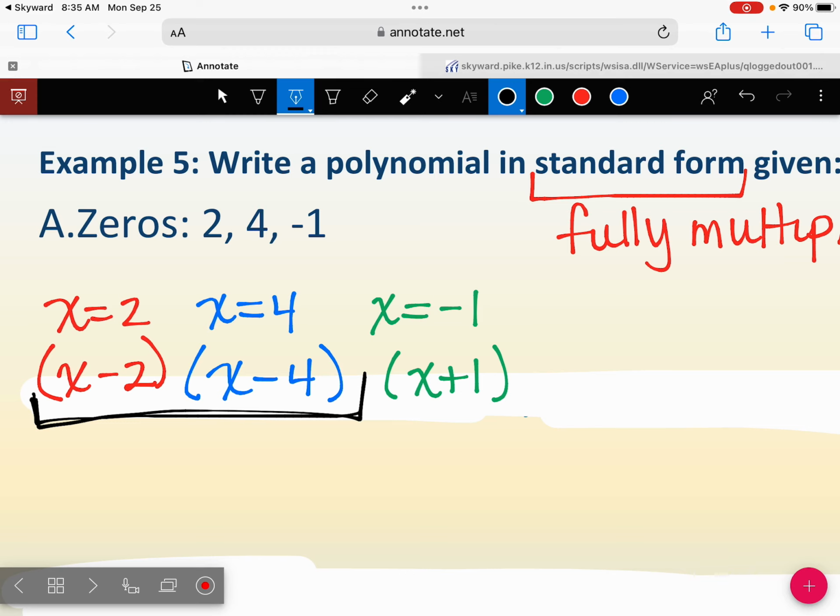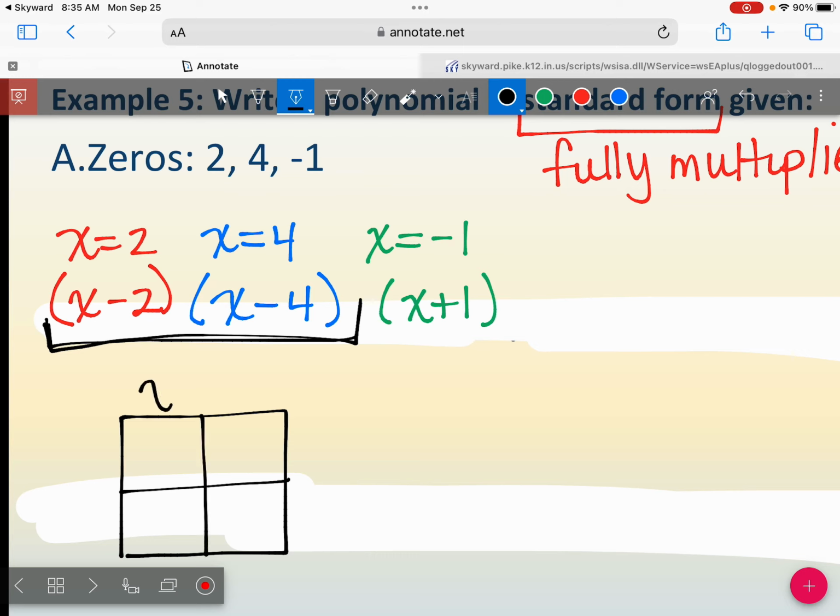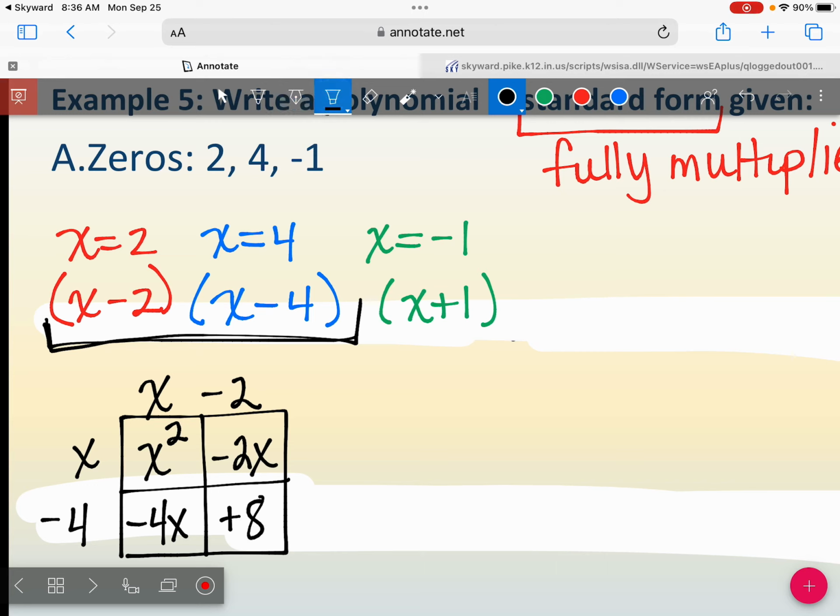You can only multiply 2 at a time. So these two are like terms.